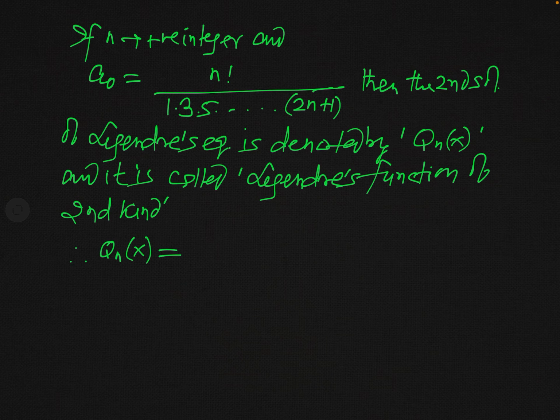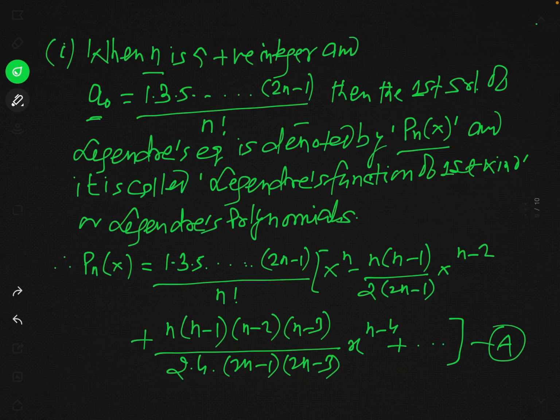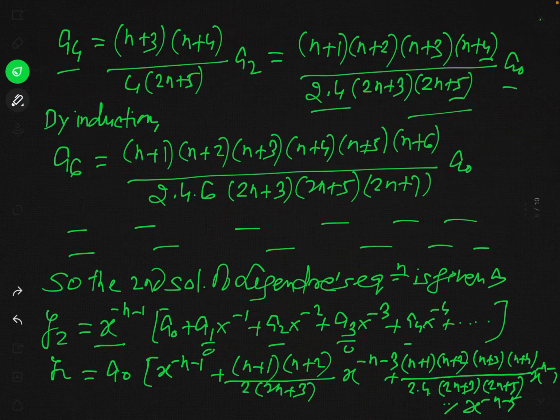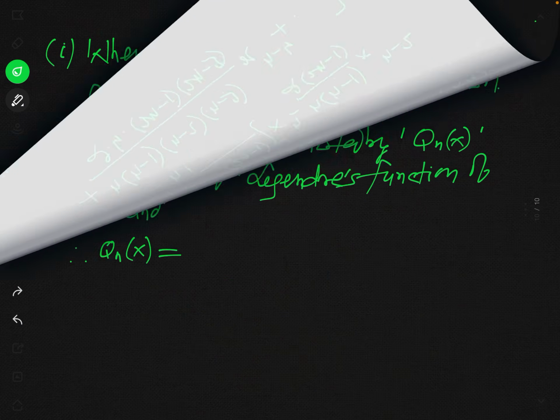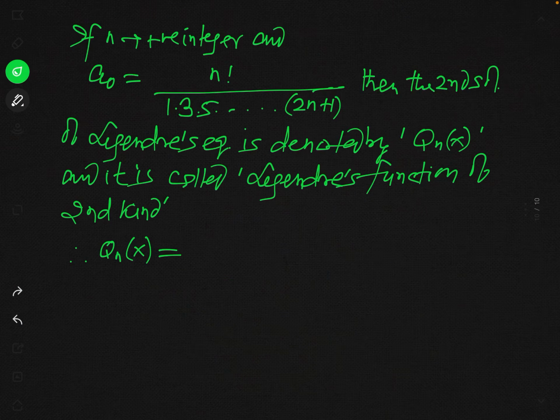And so the second solution y2, now you write it as Qn of x, and you can see y2 we have obtained here. Now that y2 will be written as Qn of x, but after taking that particular value of a naught, so you can now write this particular solution.